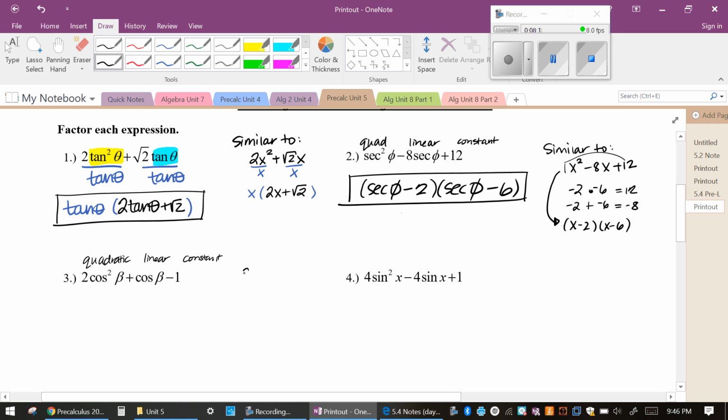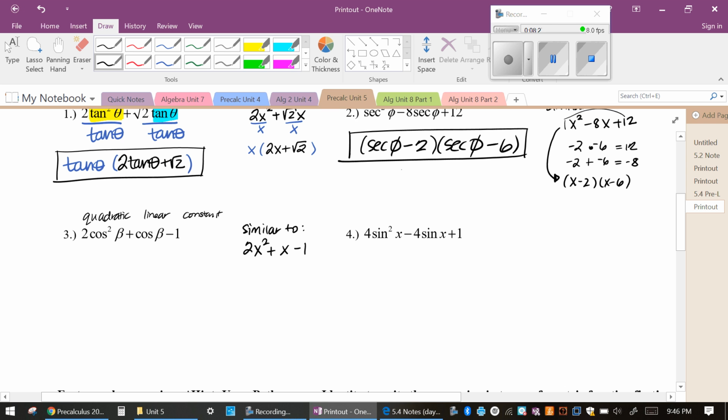So this problem is similar to 2x squared plus 1x minus 1. Pause the video and factor this quadratic trinomial of 2x squared plus 1x minus 1. Push play when you're ready and you have it factored. Okay, I got 2x minus 1 and x plus 1.